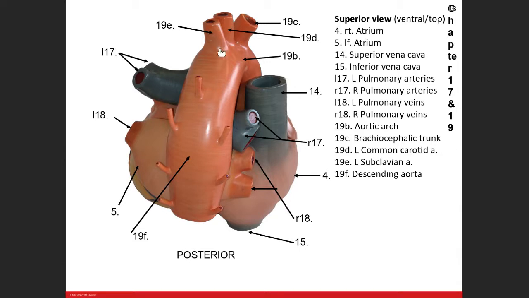And then finally, we see the aorta start to take a downward turn, and that is now known as the descending aorta, also known as the thoracic descending aorta. You really want to be specific, because once it pierces through the diaphragm, now it's in the abdomen, then it's known as the descending abdominal aorta.